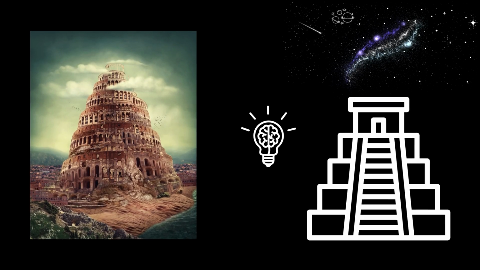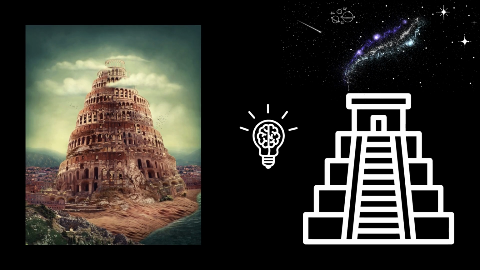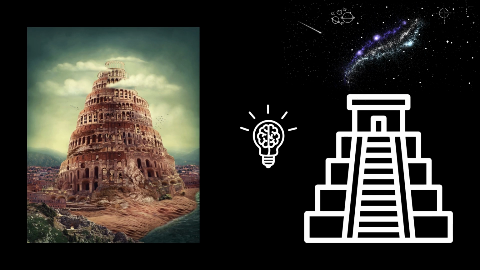When viewed from an astrotheological perspective, the Tower of Babel is seen as a temple dedicated to the study of the planets and their secrets. This interpretation emphasizes the tower's connection to ancient Mesopotamian astrology and the quest for knowledge and understanding of the celestial bodies.